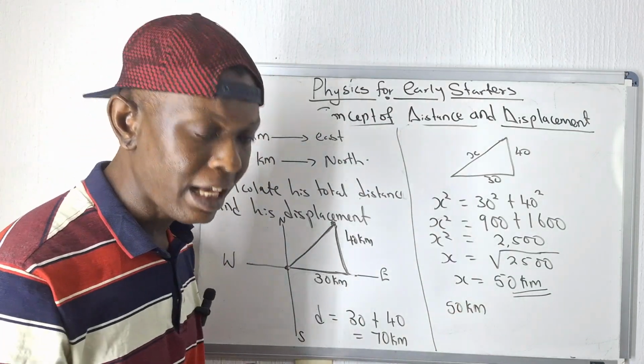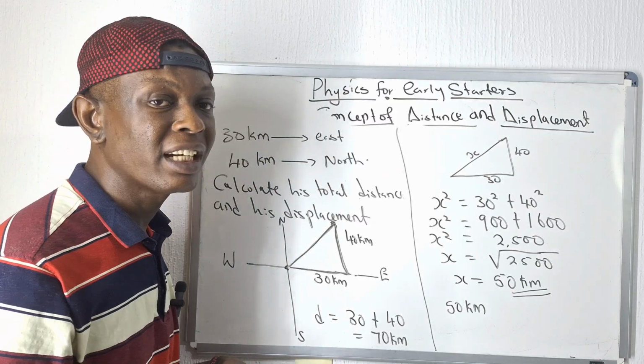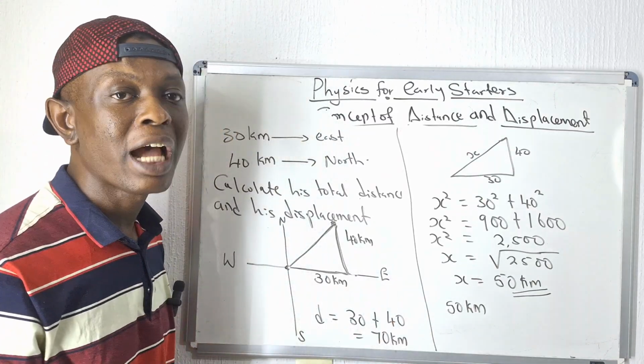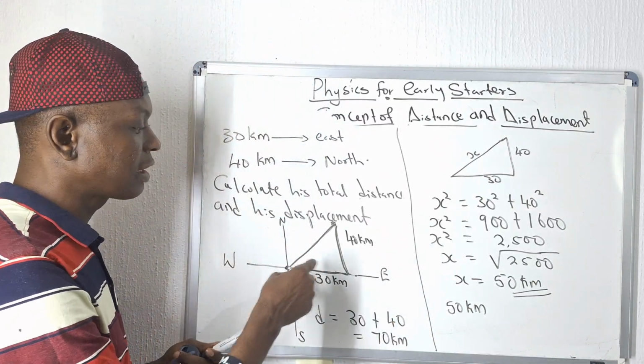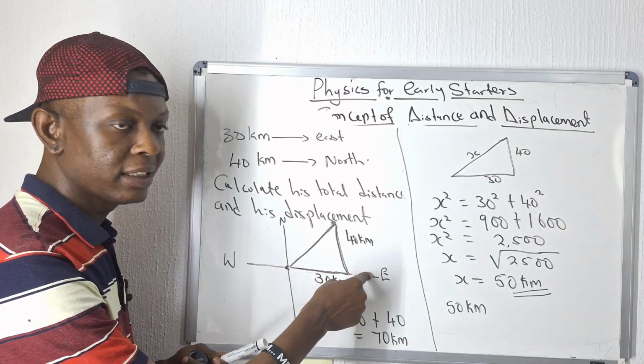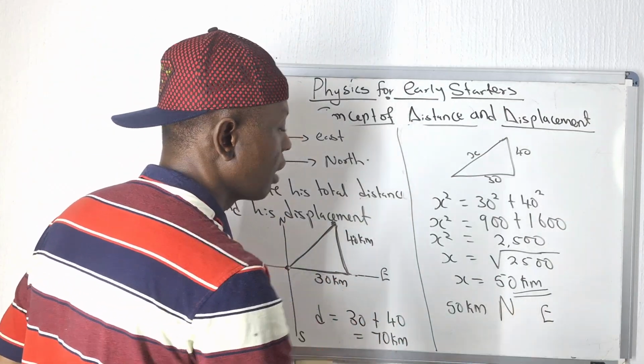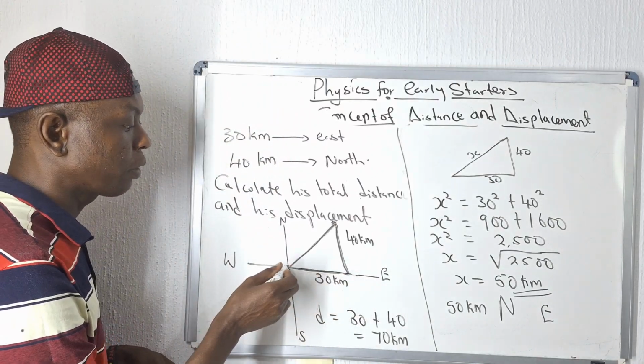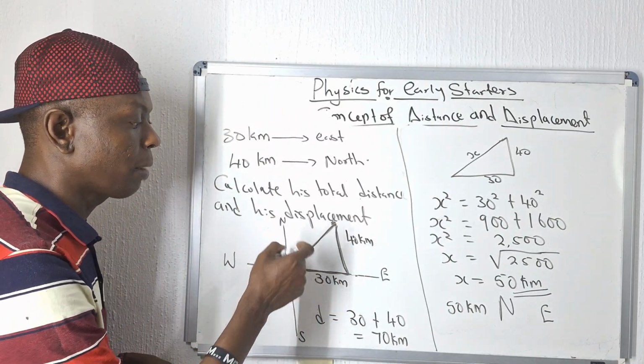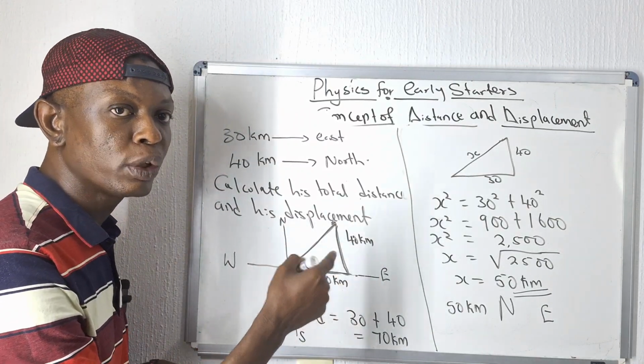Remember that displacement has both magnitude and direction. We have gotten the magnitude. What is the direction? The direction is north of east. But if we use a ruler and a protractor and measure, because when you're talking about direction, since it's the coordinate system, it should be in degrees.